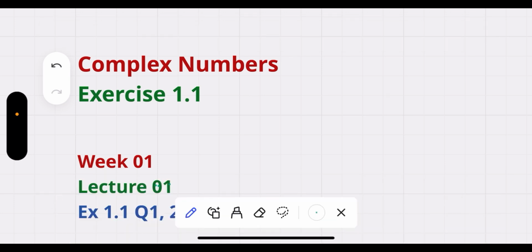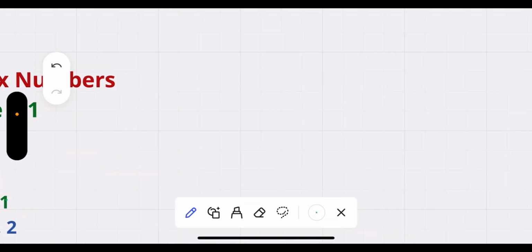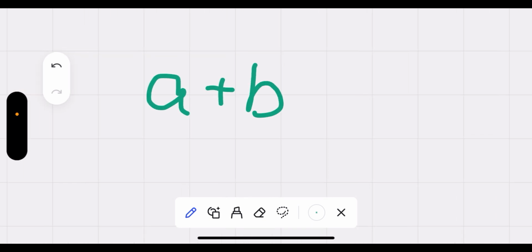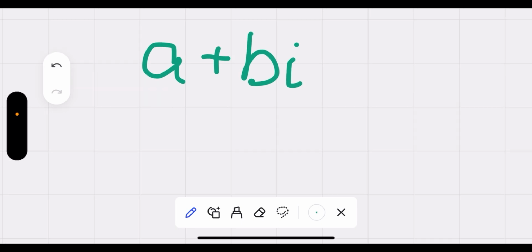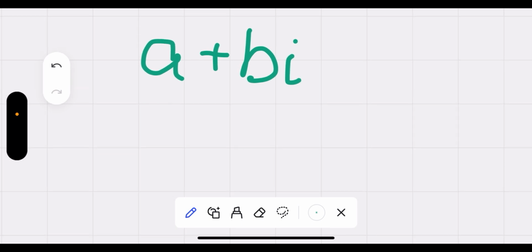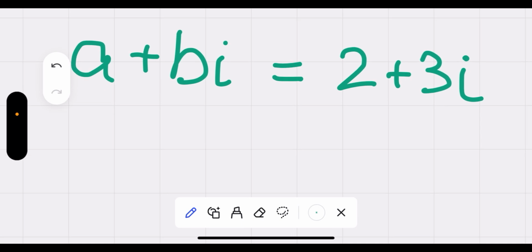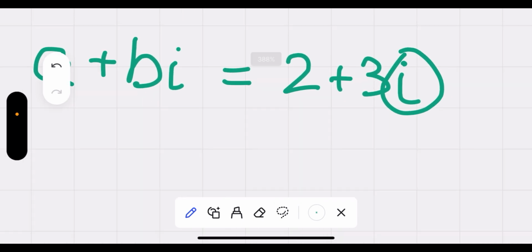Complex numbers are very important numbers which are of the form a plus b iota. This type of numbers we call complex numbers. For example, we have 2 plus 3 iota. This sign is iota.